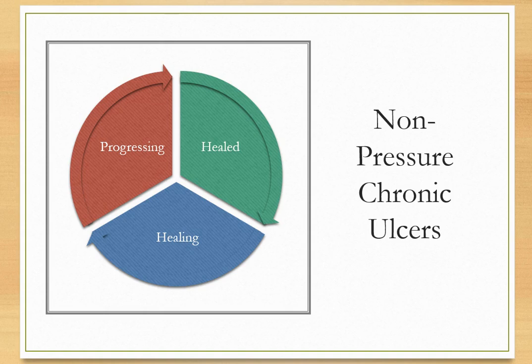And for ulcers that were POA, present on admission, but healed at the time of discharge, you're going to assign the code for the site and the severity of the non-pressure ulcer at the time of admission. And we also have a guideline here for situations when the non-pressure chronic ulcer is progressing or evolving.